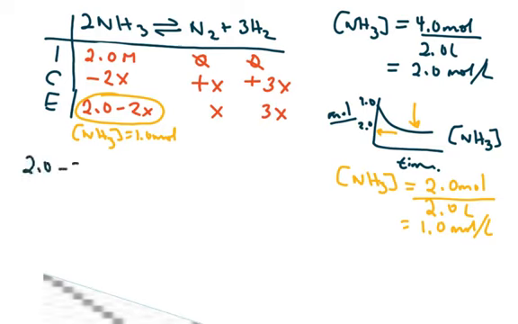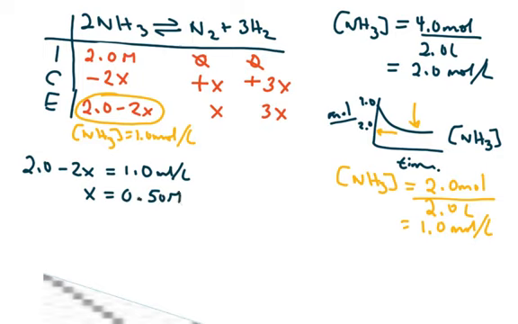So 2 minus 2x equals 1.0 mole per liter. Let me put that per liter there. There we go. And again, you can use the big X or big M for that as well. So let's rearrange and solve. X should be 0.50 moles per liter.